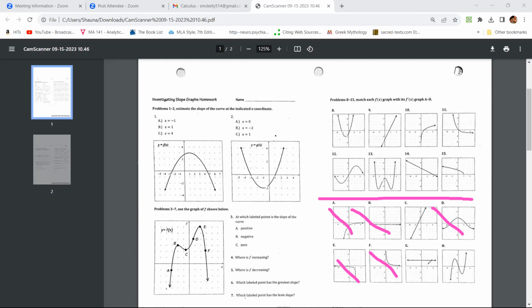Our slope is not constant, so we're going to get rid of that. And whatever this one is doing, this is not it. So that leaves us with C. Number 8 matches C.